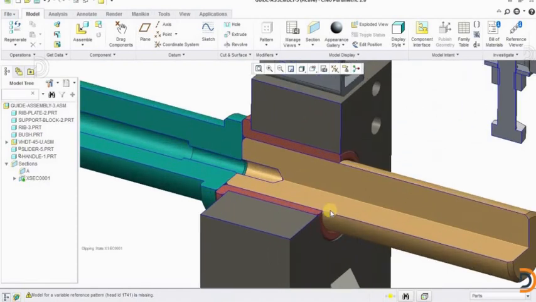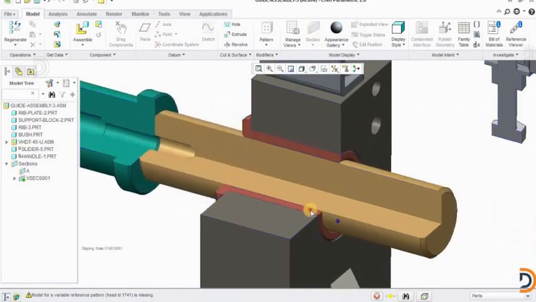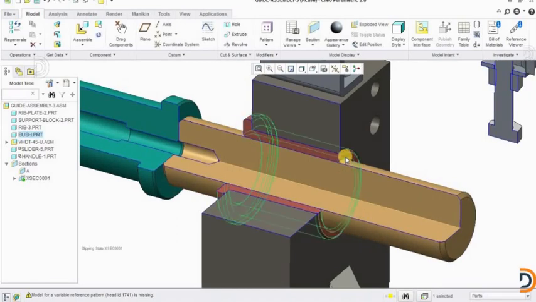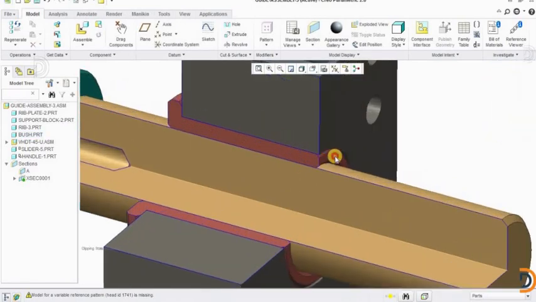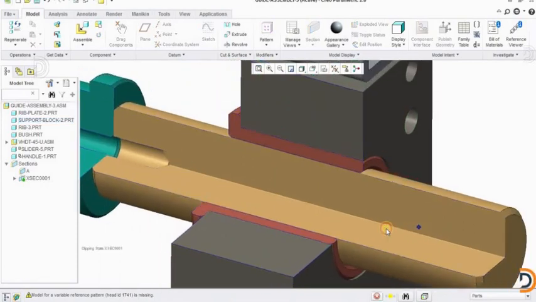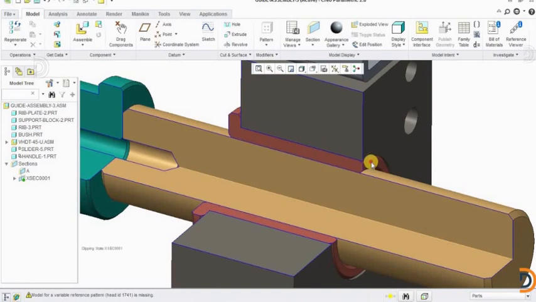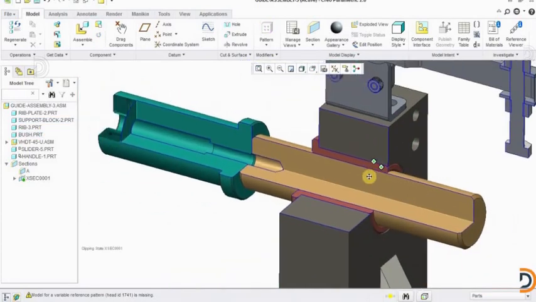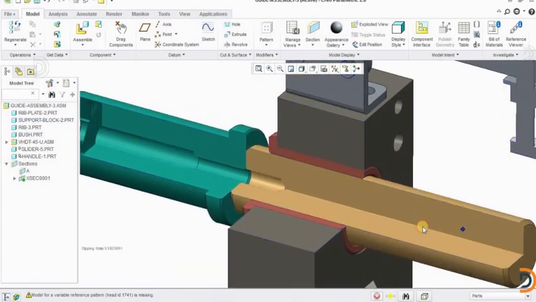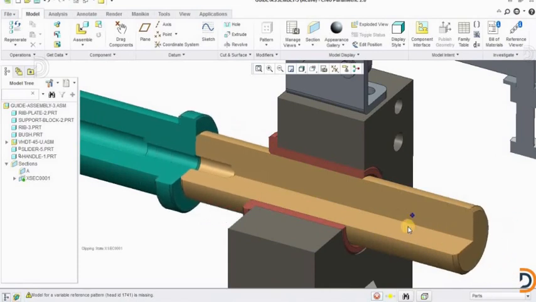If you have observed, this slider is sliding in this bush and this bush is fixed in this block. Means the slider has a loose fit in the bush and the bush has a tight fit with this block. So the fit of mating parts totally depends on the function of the two components.